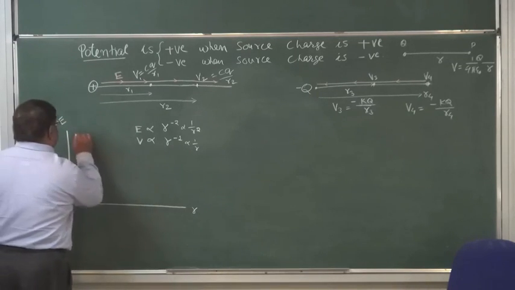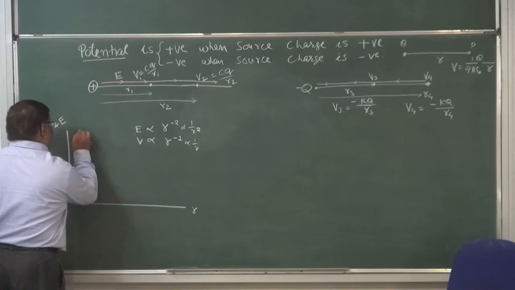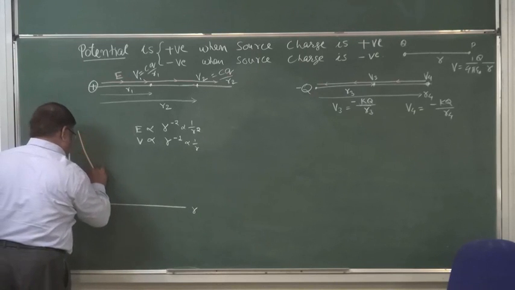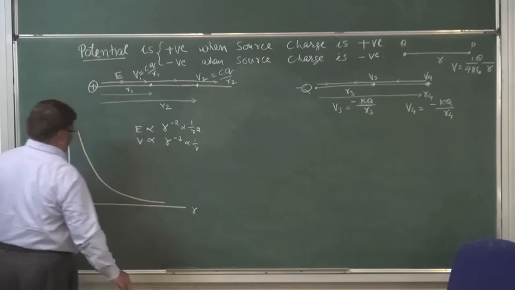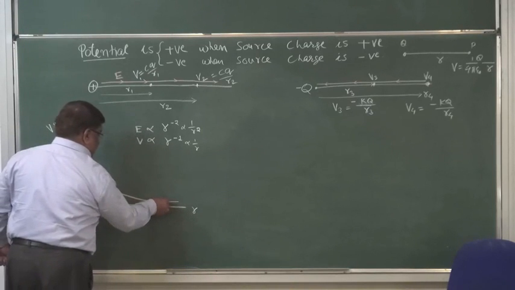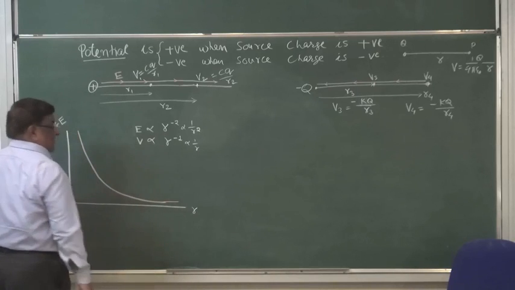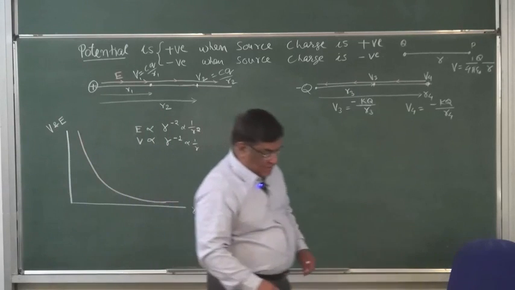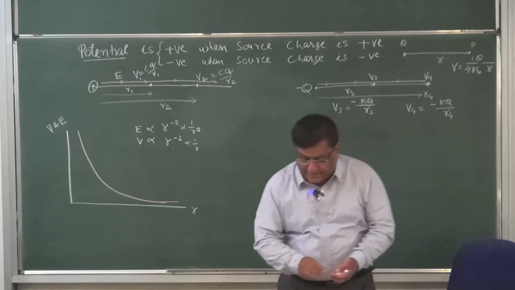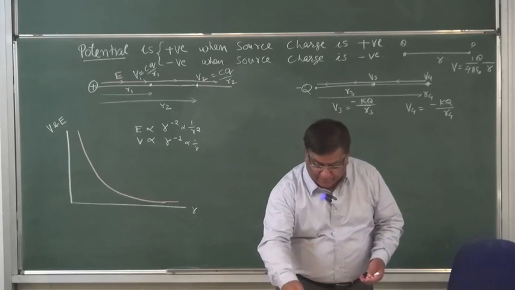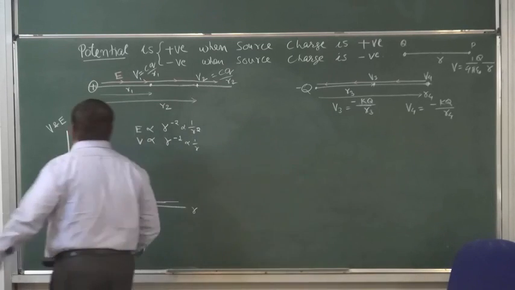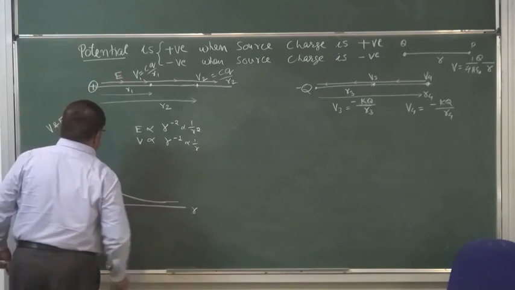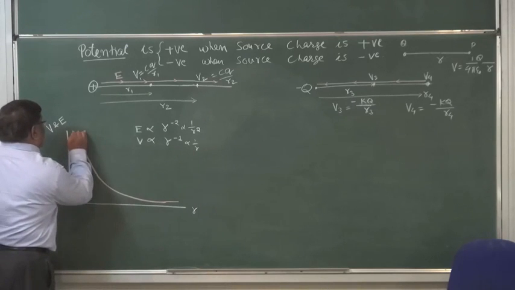So the graph of E will be something like this. And the graph of V against R, its slope will be less.